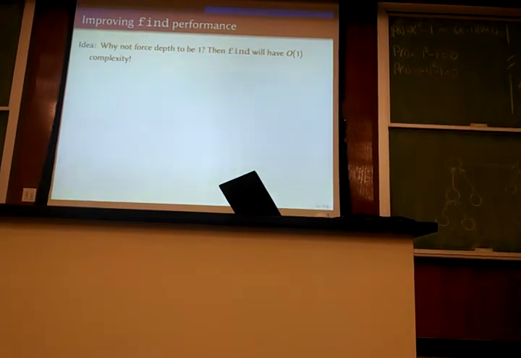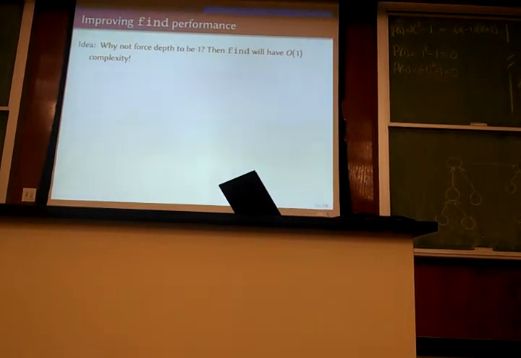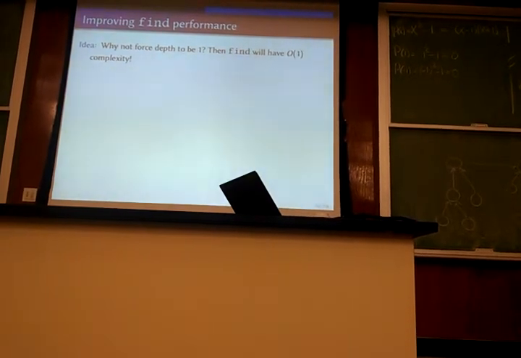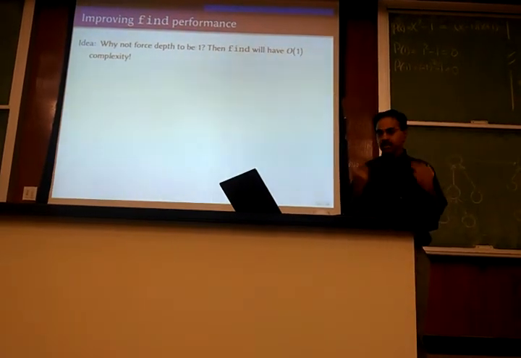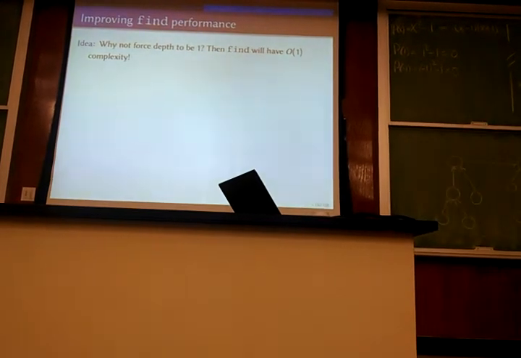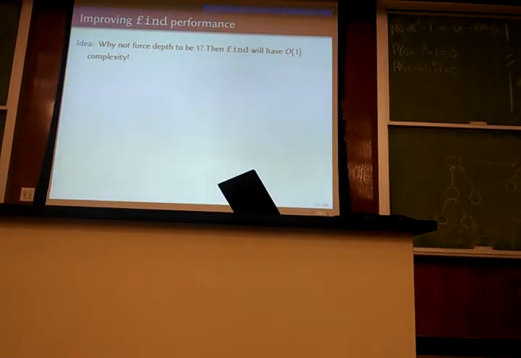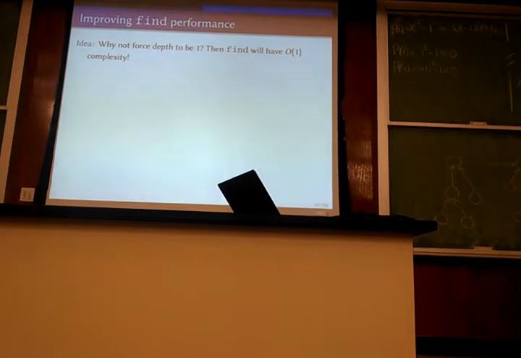So we said find had a cost of order n potentially, and we reduced that by reducing the height to log n. So now why not go all the way and try to reduce the tree to just height 1? Remember, this is not a forward tree. In a forward tree, there are costs to having a huge fan out.